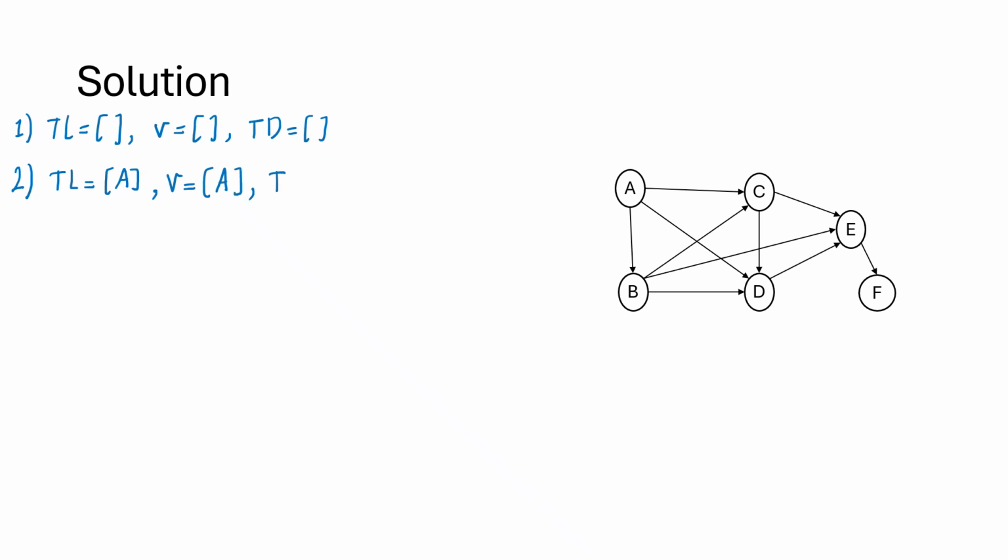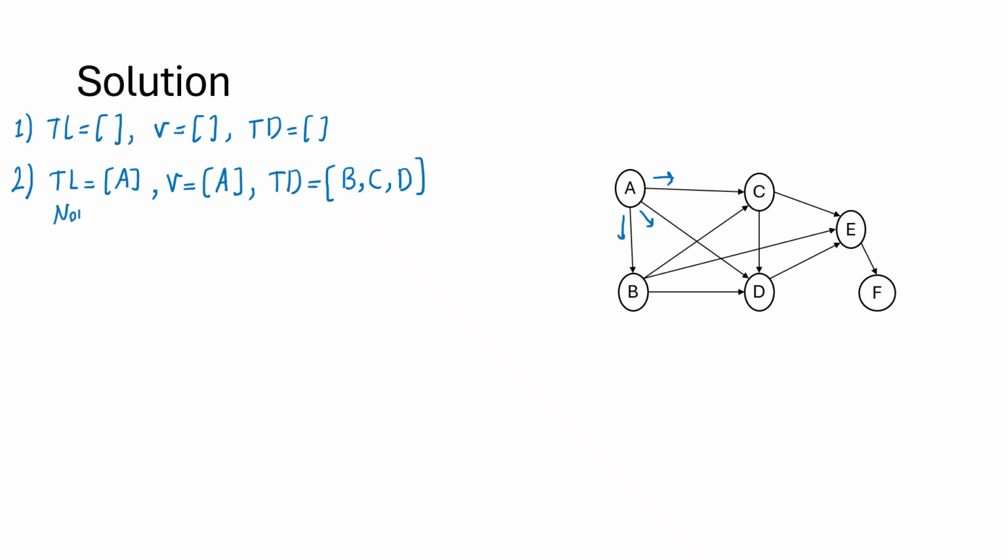And now my to-do list is going to be everything that is adjacent to A, everywhere that we can go directly from A. And that includes, from A, I can go to B, I can go to C, and also I can go to D. So I'm going to add these 3 to my to-do list to visit them later: B, C, and D. Now it's time to pick where we should go next.